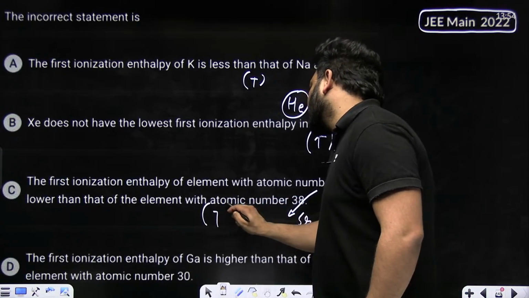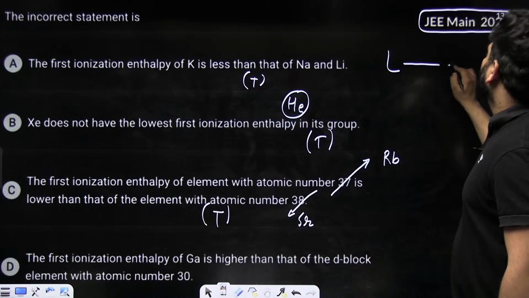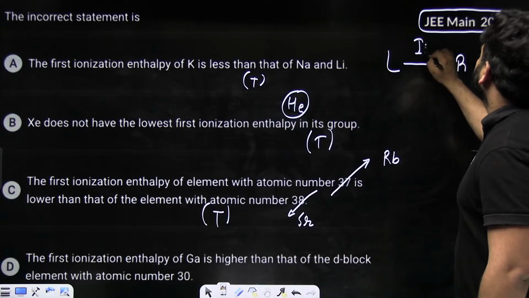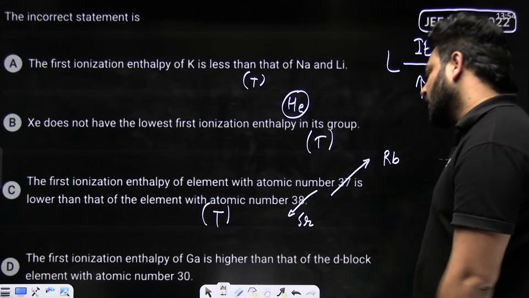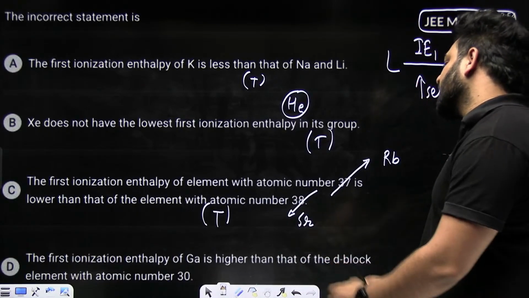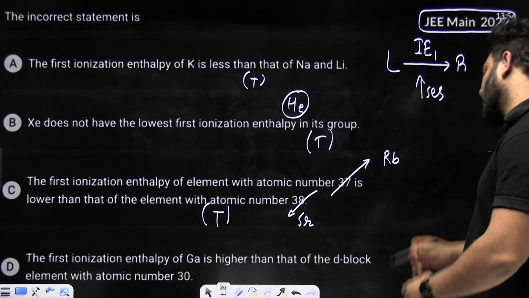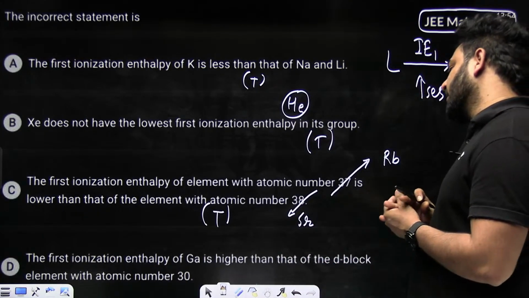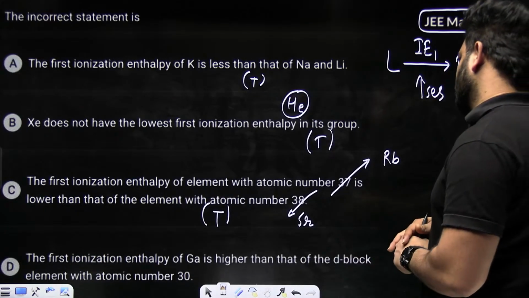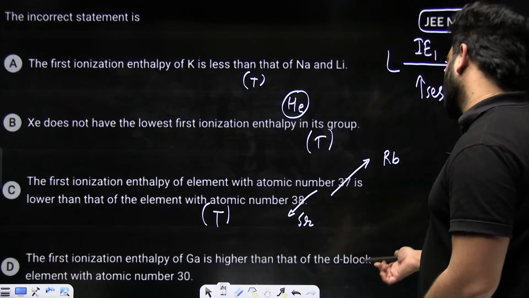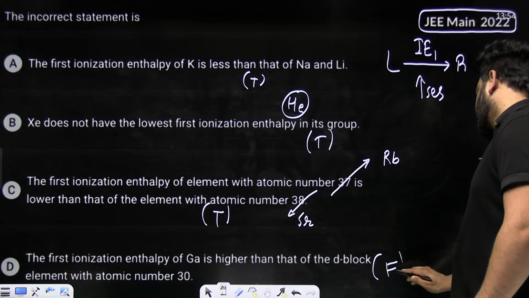This is true because if we move left to right, the ionization enthalpy 1 increases. And at last, the first ionization enthalpy of gallium is higher than the d block element with atomic number 30. I think this is the only false statement.